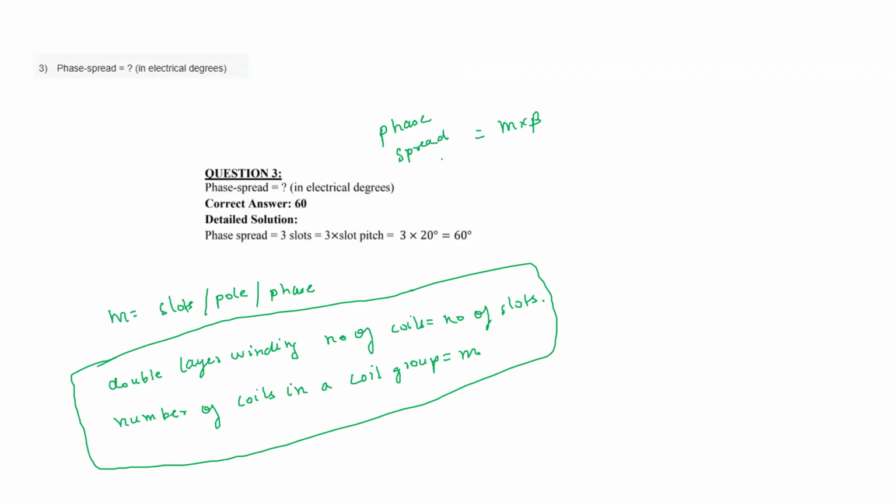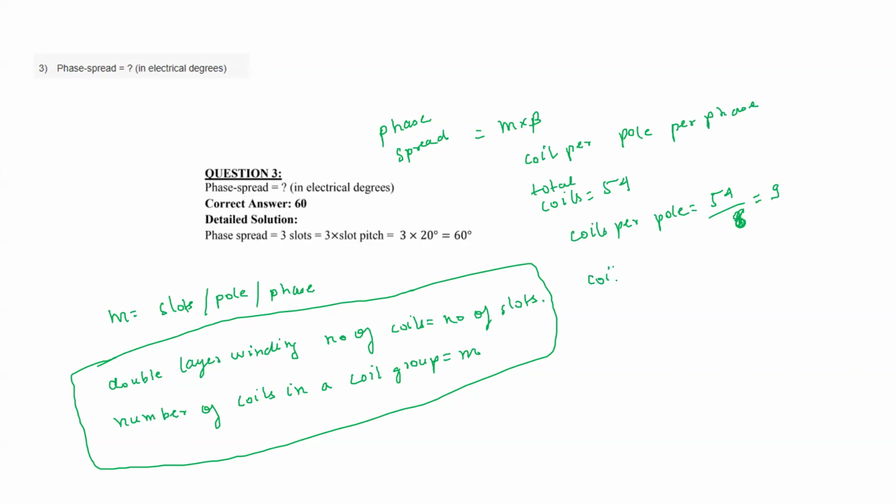So you find out coils per pole per phase. Total coils are 54, and coils per pole are 54 by 6, which is 9, because it's a 6 pole machine.